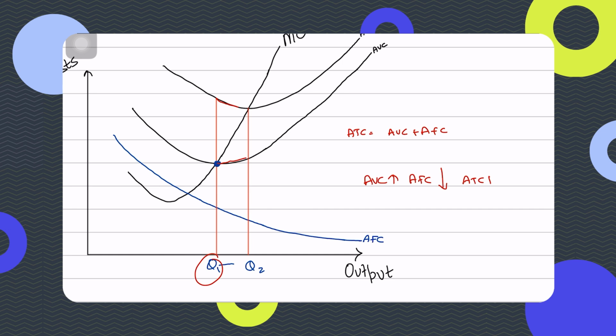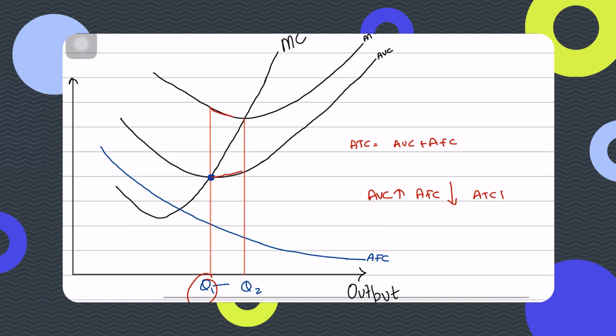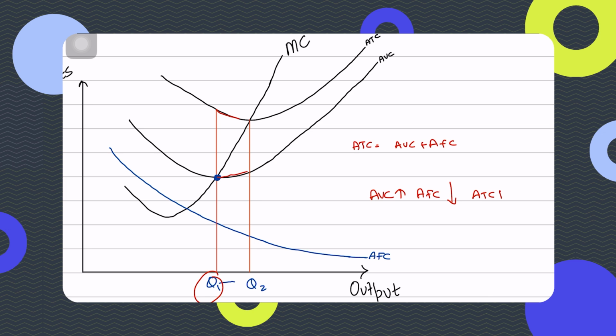That offsets the rise in AVC, and hence it brings overall ATC down. But after Q2, the decline in AFC slows down to a point that it stops offsetting the rising AVC.